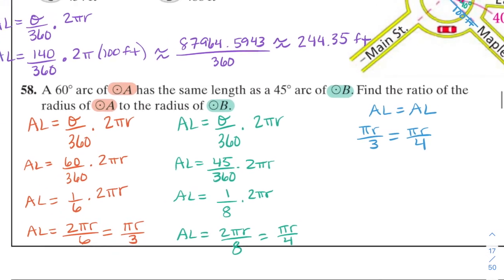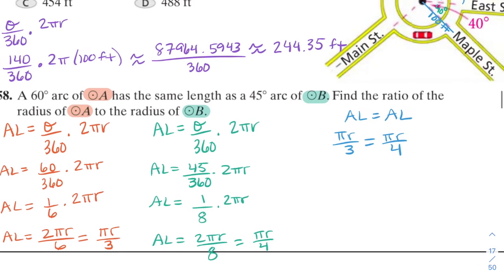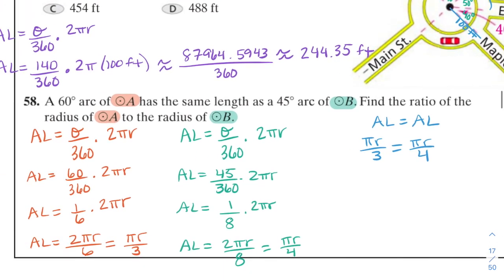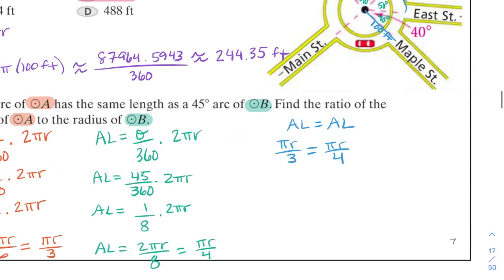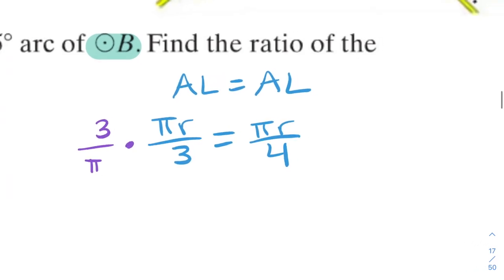Find the ratio of the radius of A to the radius of B. So A was the left side. So what's the best way to do this? Well, let's multiply both sides by 3 over pi.